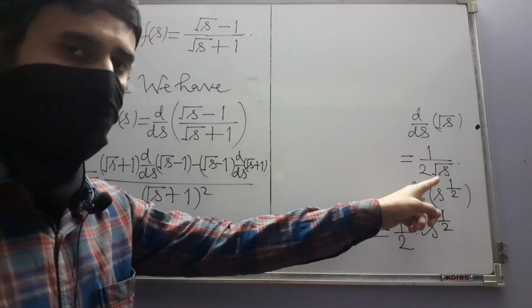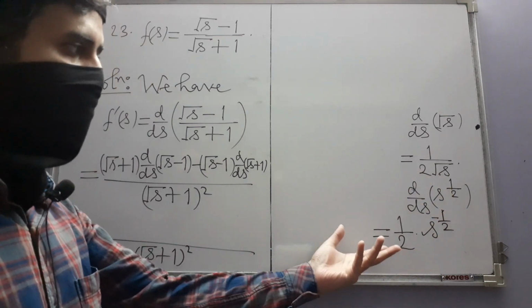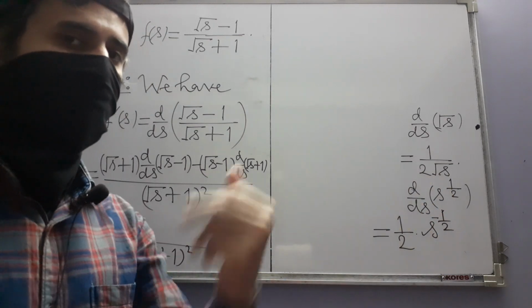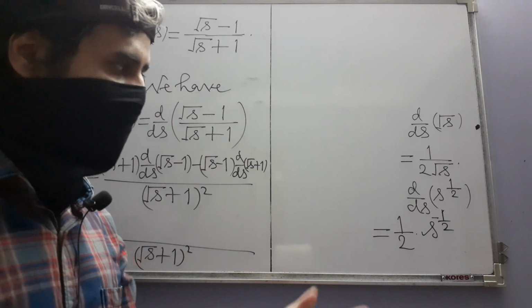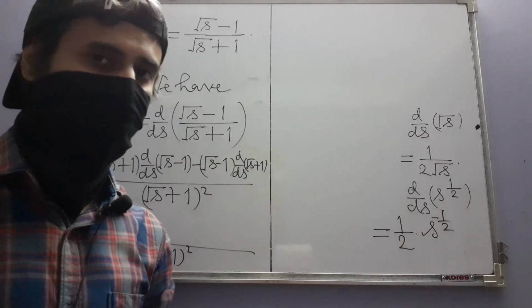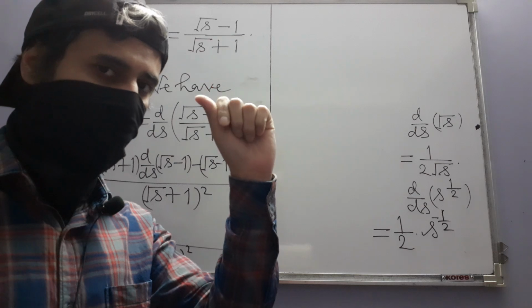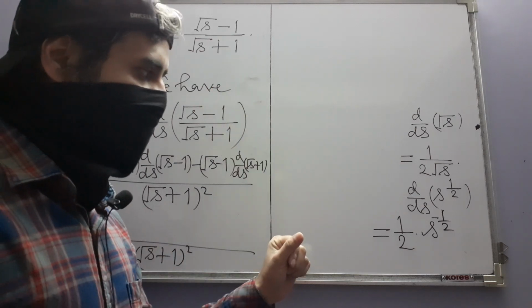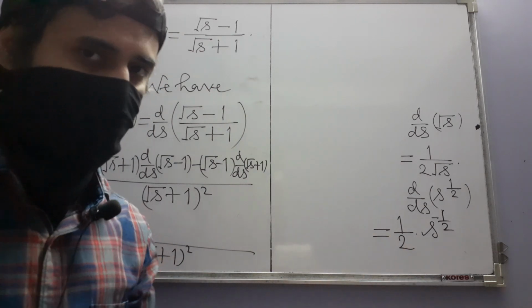Now, you may ask me, where are we getting this from? Since we haven't really seen this form of power rule where the exponent can be a fraction, how do I know that this is correct?